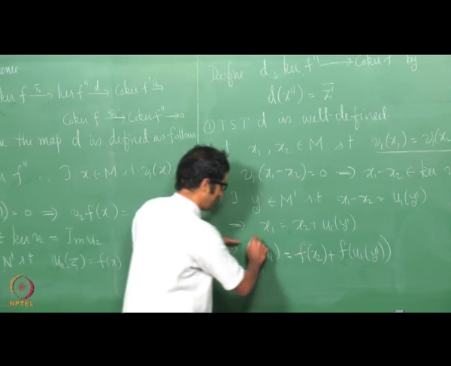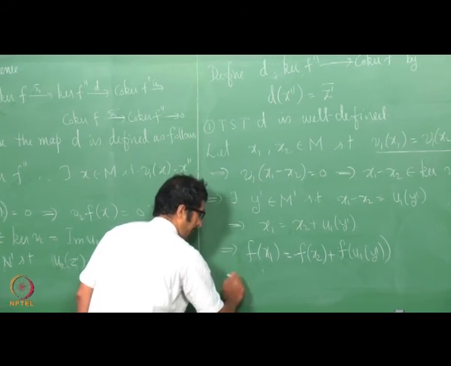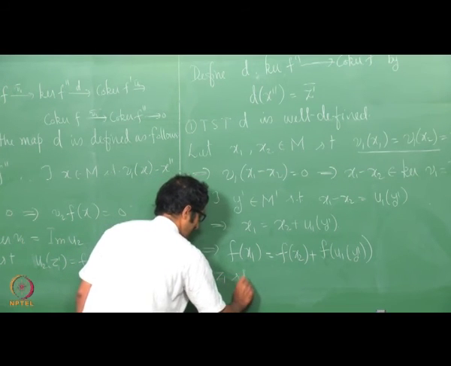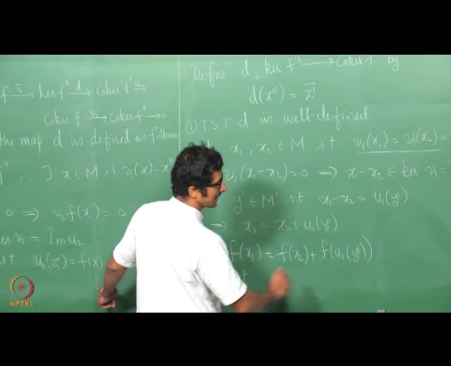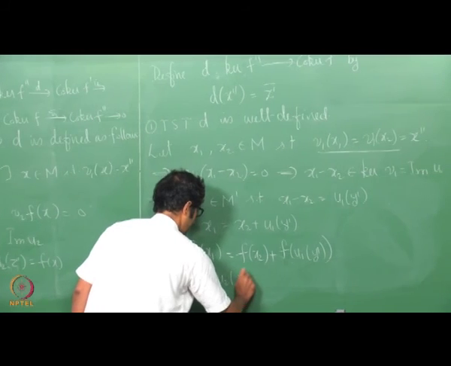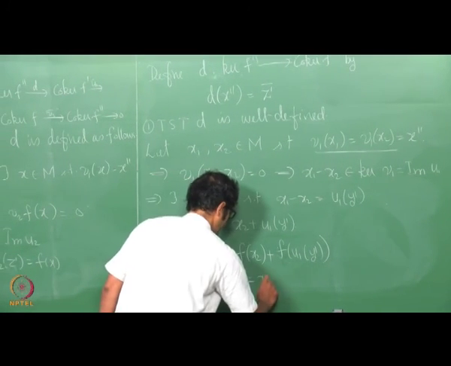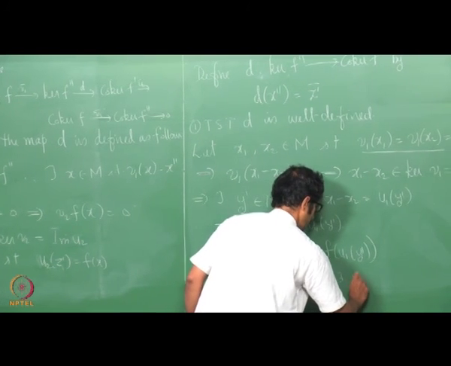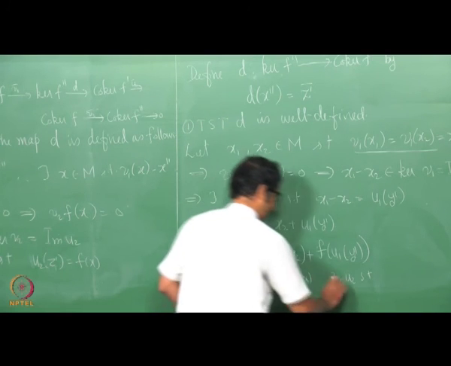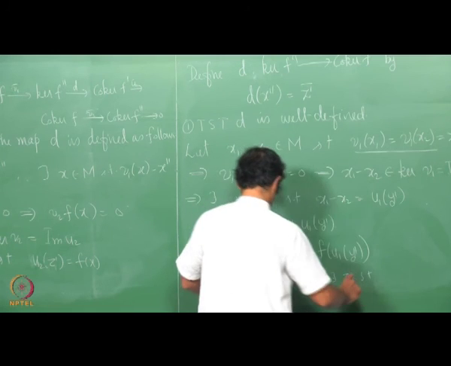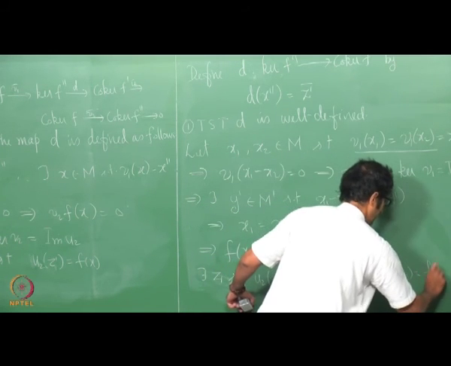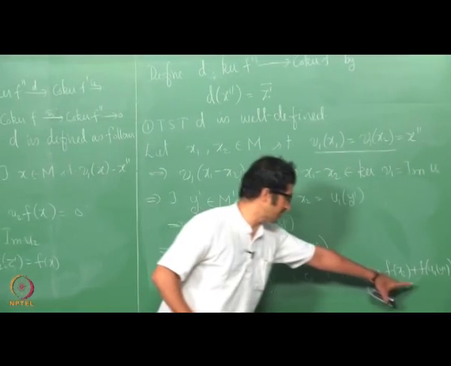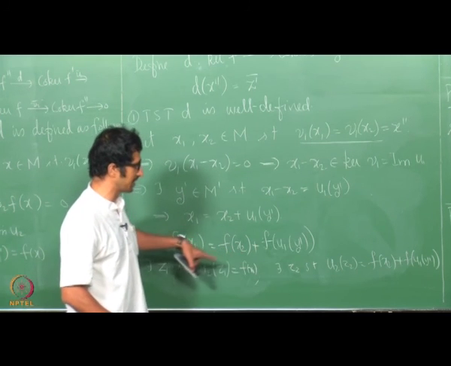If you now take f x1, there exists z1 such that U2 of z1 is equal to f of x1, and there exists z2 such that U2 of z2 is f of x2 plus f of U1 of y prime, because this is also in the kernel of V2, which is in the image of U2.